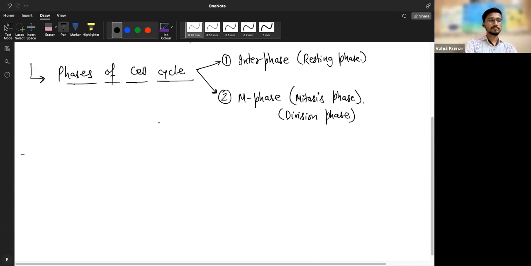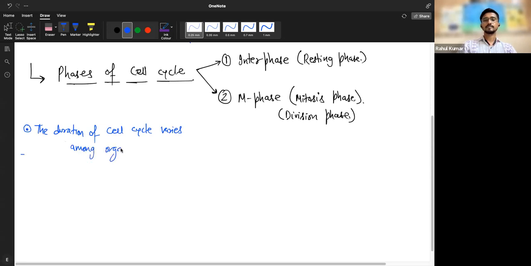Now, this cell cycle depends on the organism, the timing. So write down: the duration of cell cycle varies among organisms.